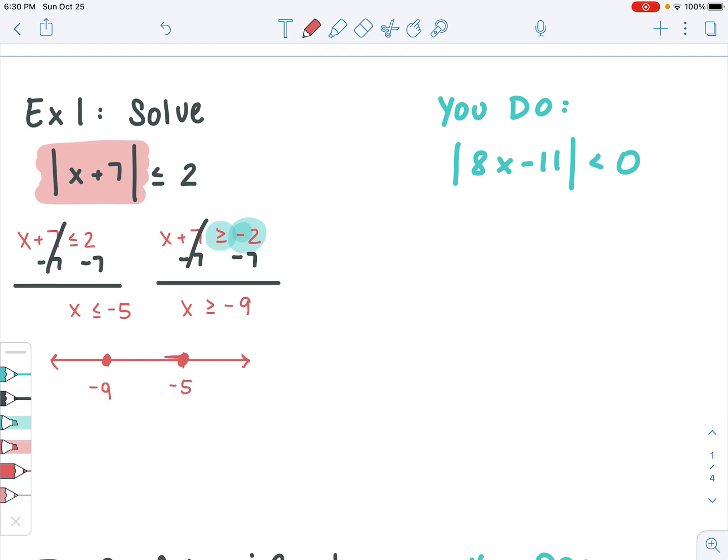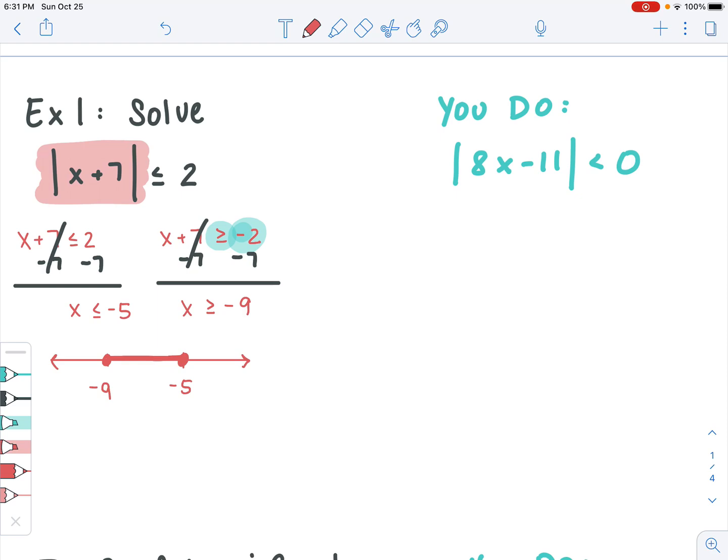And I want x to be greater than or equal to negative 9. So I do want all of the numbers in between. It's an easy way for me to check myself. And now I'm done. So now you try this one in your notebook. Once you've tried it in your notebook, come back, unpause the video, and check your solution.